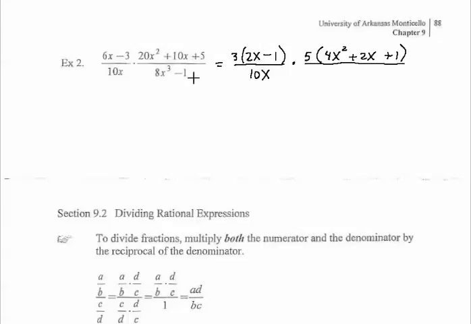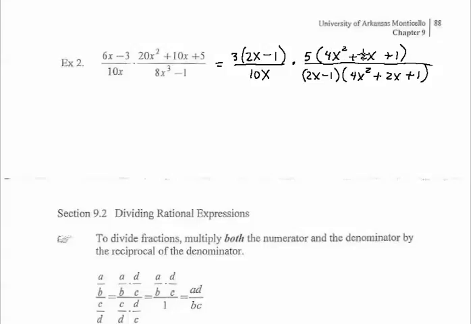And this polynomial in the denominator here is the difference of cubes, and it factors as a 2x minus 1 and a 4x squared plus 2x plus 1.